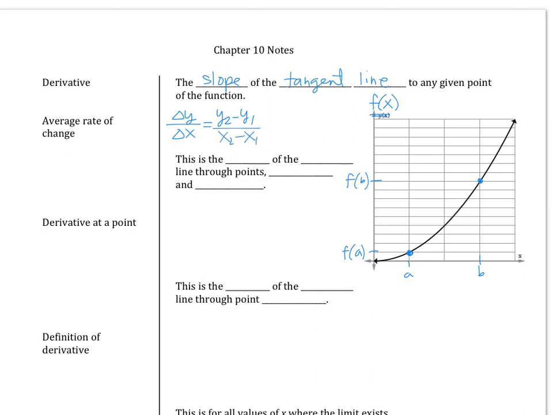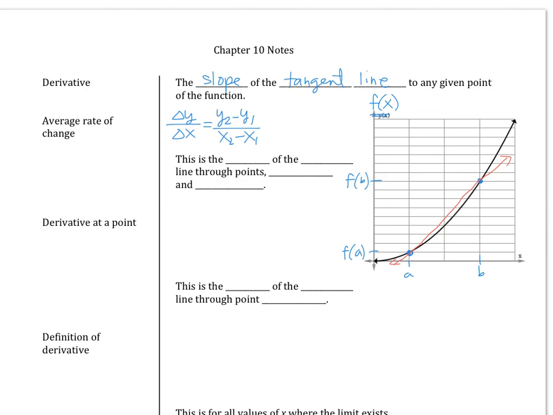So we're really talking about the slope. The slope of what though? The slope of a line that's created by these 2 points. If I draw a straight line through these 2 points, I can find the slope of that line, which is going to be my average rate of change.